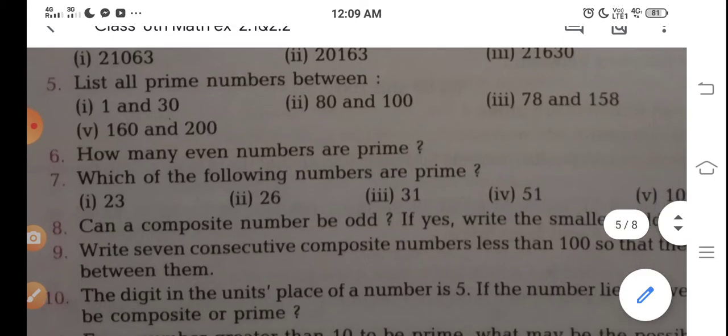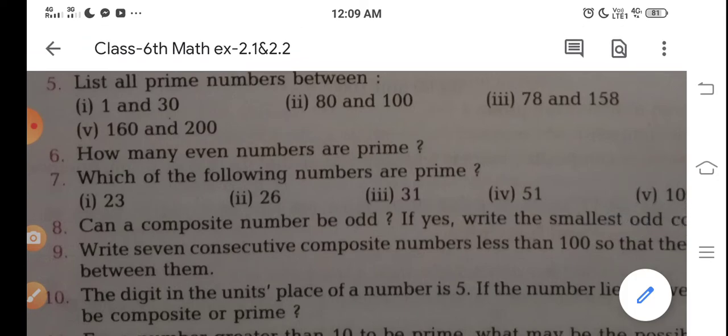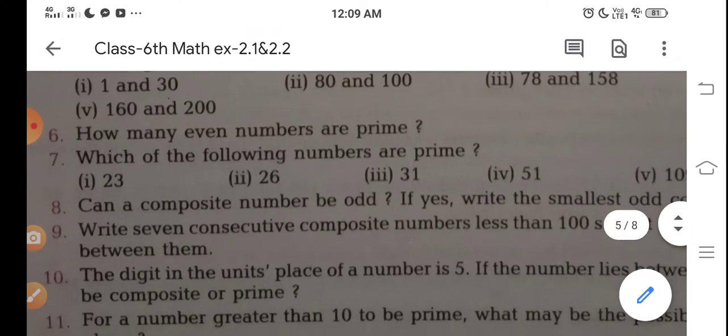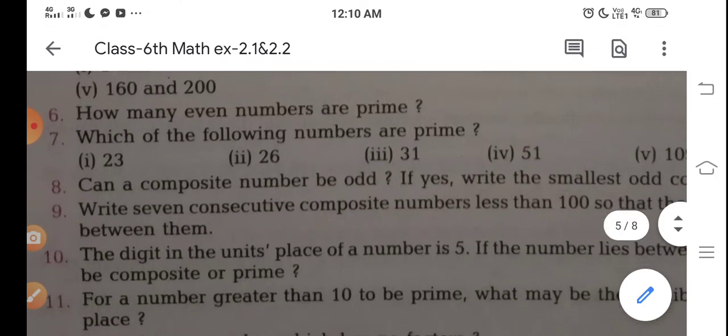When you divide the number 23, you get 1 and 23, so that's a prime number. Next, 26. When you write the factors, they are 1, 2, 13, 26. That's 4 factors, so that's not a prime number. Next, 31, which is also a prime number.